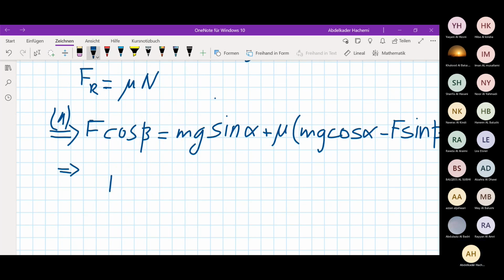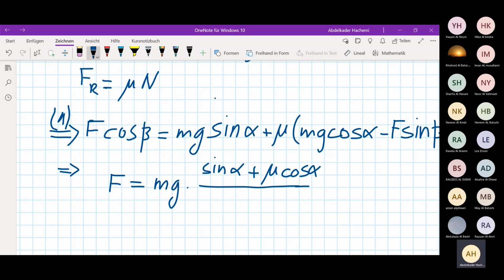that F will be equal to mg multiplied by sine alpha plus mu cosine alpha divided by cosine beta plus mu sine beta.